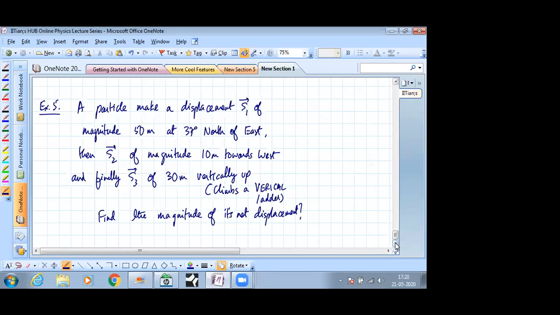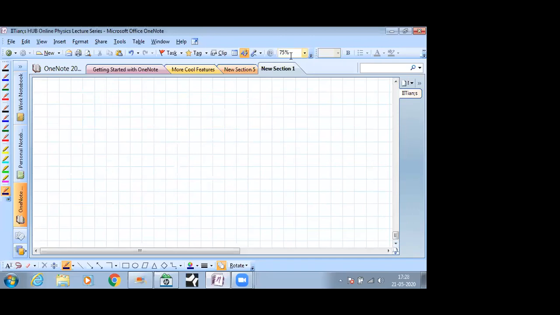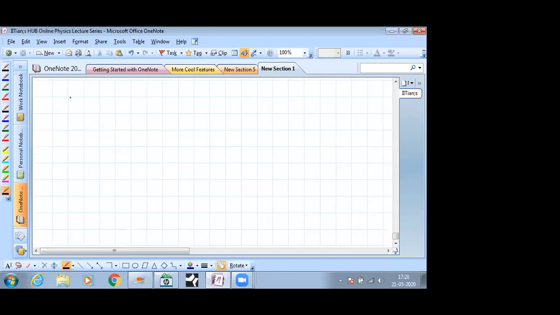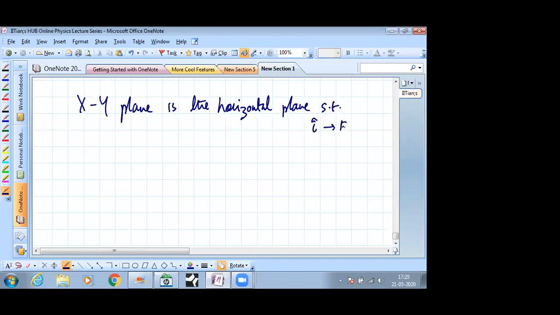If you take your xy plane in the horizontal plane, so xy plane is the horizontal plane such that, let's say, i cap points towards east and j cap points towards north.